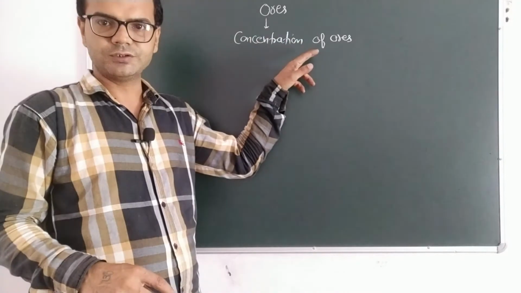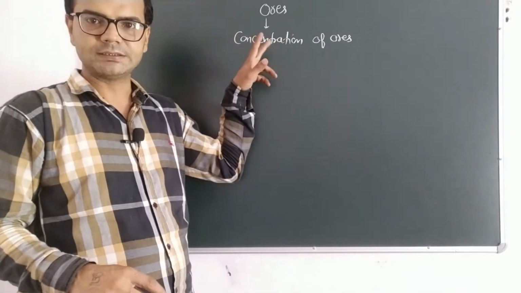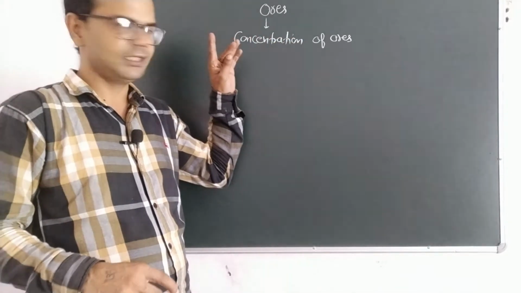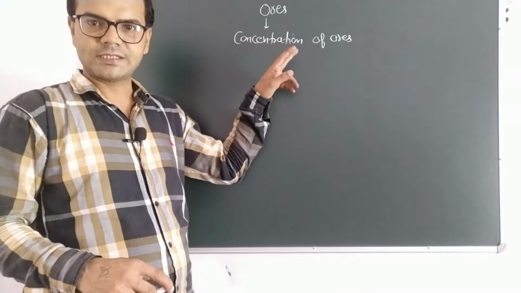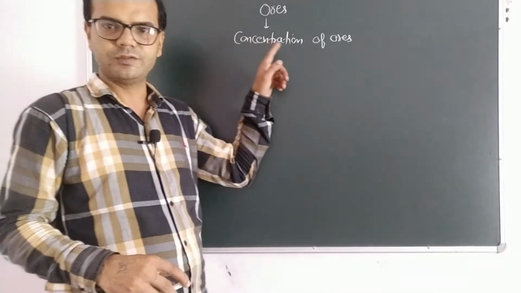After concentration of ores, we have three types of metals: metals of high reactivity, metals of medium reactivity, and metals of least reactivity. Different processes are applied according to the reactivity of metals.